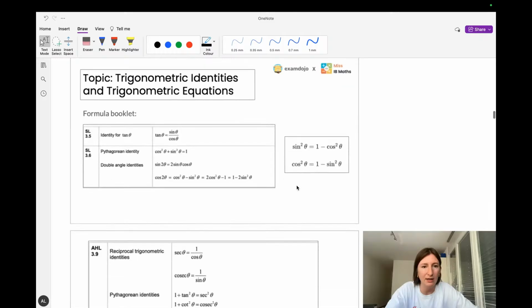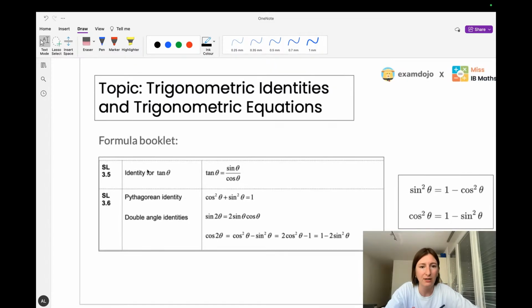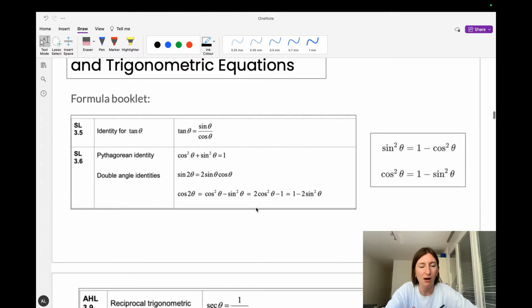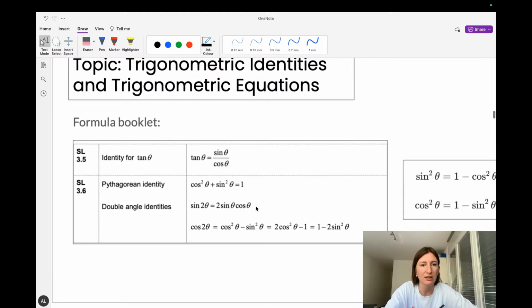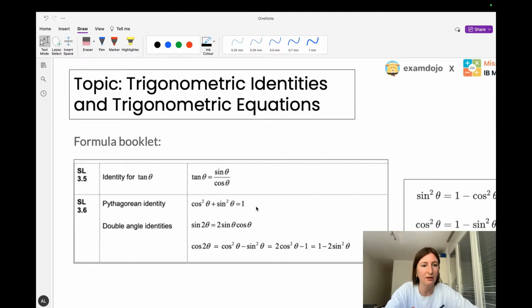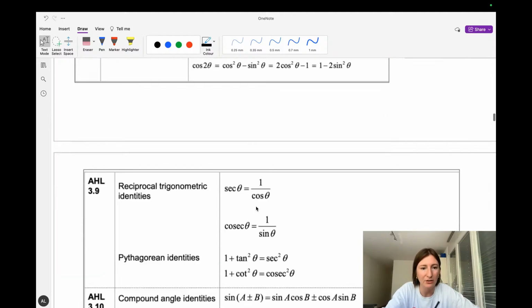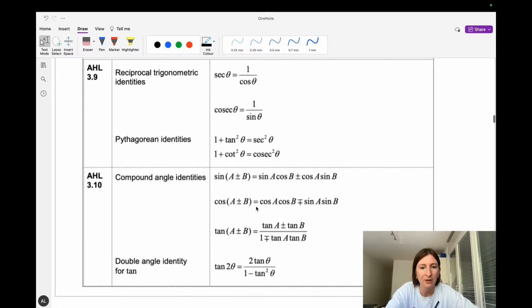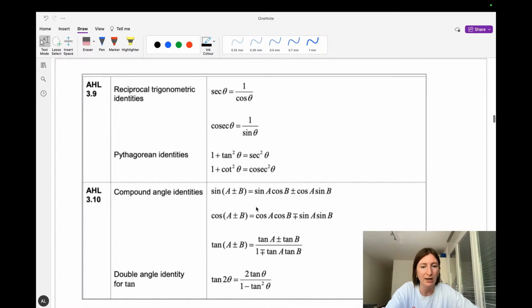All right, then we had trigonometric equations. Just to draw your attention to our identities. The equations are often quite heavily involved with the identities. So this is in the AASL formula booklet. The HL has this as well, and HL also has these ones. Because we're mostly doing HL level, I'm not going to be working with these.